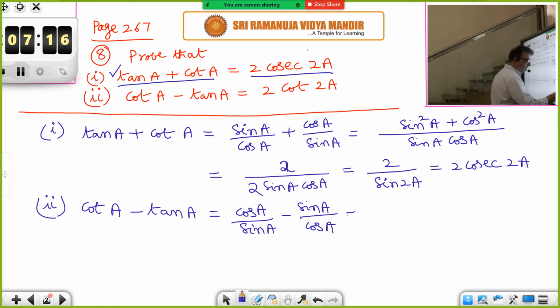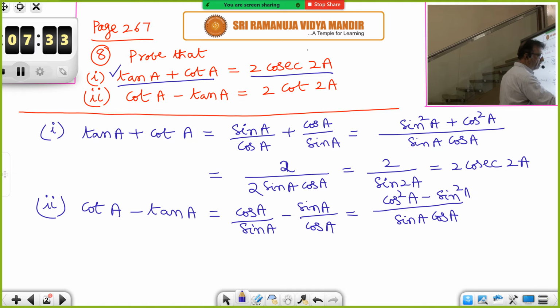Sin A into cos A, sir. What is the numerator? First term. Cos square A, sir. Second term. Minus sin square A, sir. So cos square A minus sin square A will be put in bracket. Sin A, cos A in the denominator are there, so we'll multiply and divide by 2.